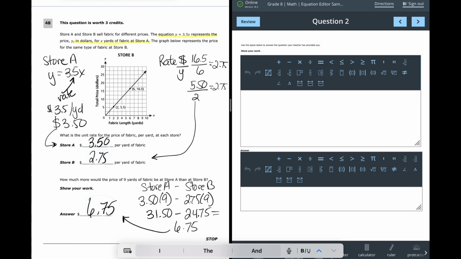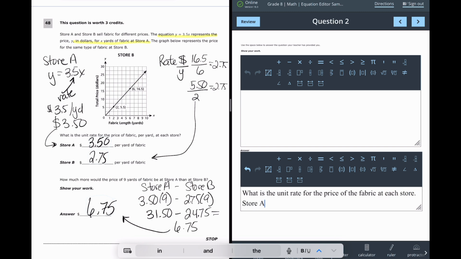So we're going to start by answering, and they're probably going to have different lines there to put the different answers in. For the first part, what is the unit rate for the price of the fabric at each store.